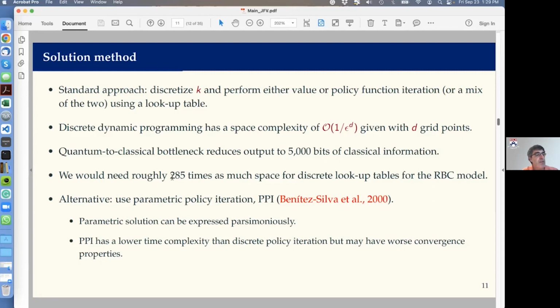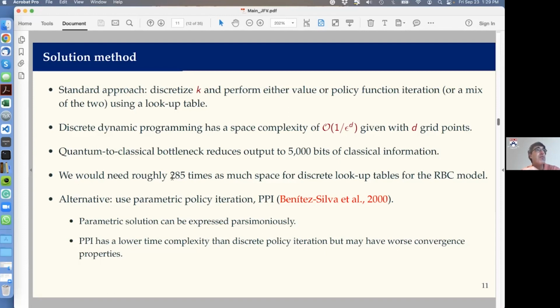So what can you do? Well, it turned out to be the case that in economics, nonetheless, we want to move away from value or policy function iteration because in practice it's too slow. And for instance, a few years ago, Benítez Silva and his co-authors proposed something called parametric policy iteration, or PPI.